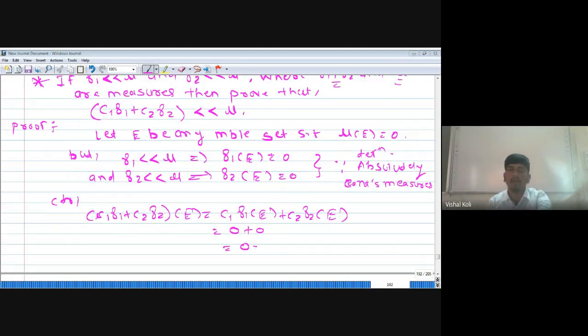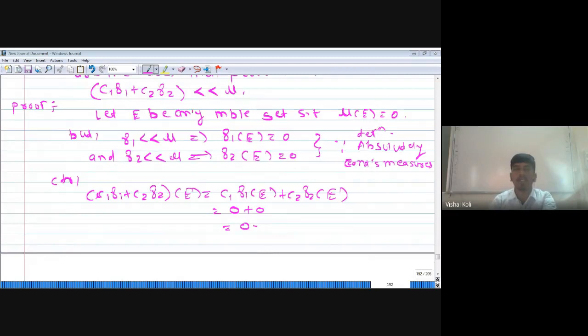So whenever mu of E equal to 0 for any arbitrary measurable set E, C1 gamma 1 plus C2 gamma 2 of E is also equal to 0. Then by the definition of absolutely continuous measure, C1 gamma 1 plus C2 gamma 2 is absolutely continuous with respect to mu.